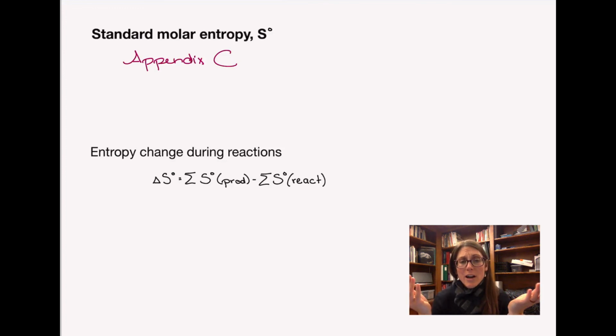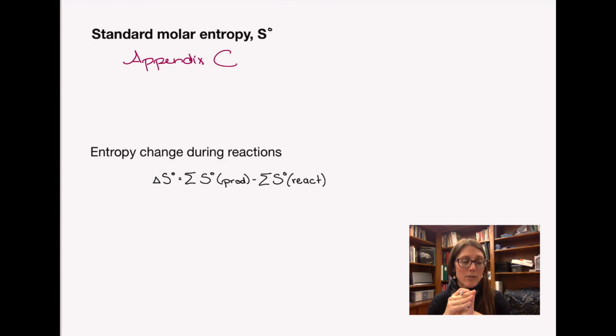And while it's great to talk about the entropy of a particular compound, more often than not what we're interested in is how entropy changes throughout a chemical reaction. Again, you should be able to predict it qualitatively, but we also want numbers. And so the best way to do this is an equation that is analogous to one you saw for delta H, and that is delta S naught.